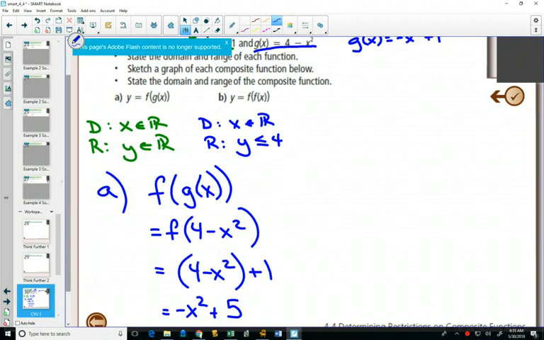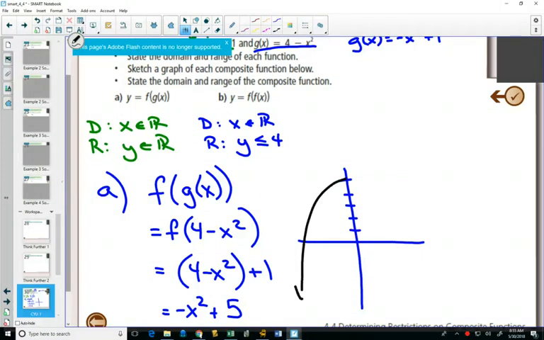What kind of graph is that? That's a parabola flipped upside down and shifted up 5 units. When you're sketching a graph, again, you need to label at least 2 points.